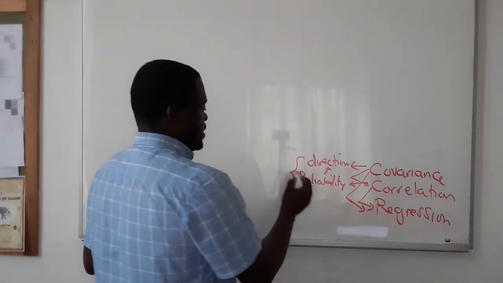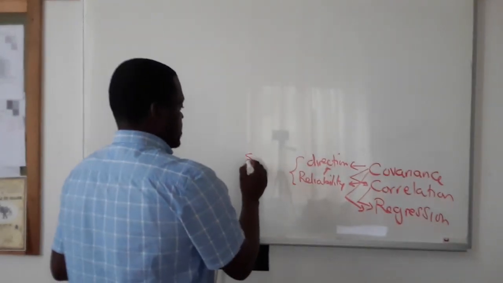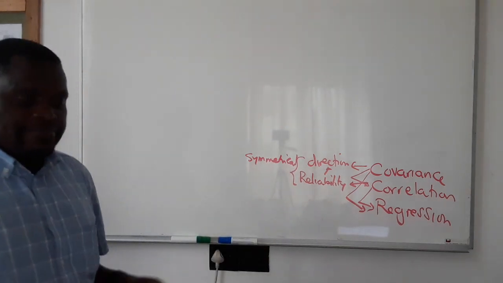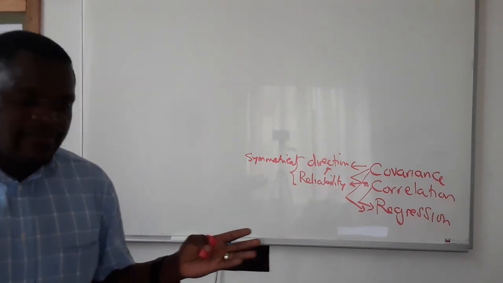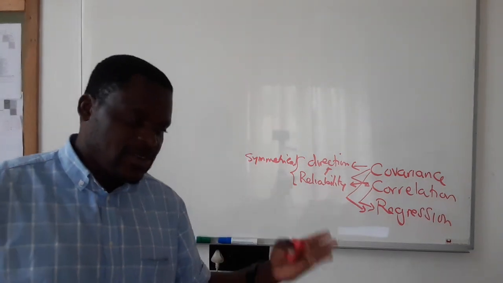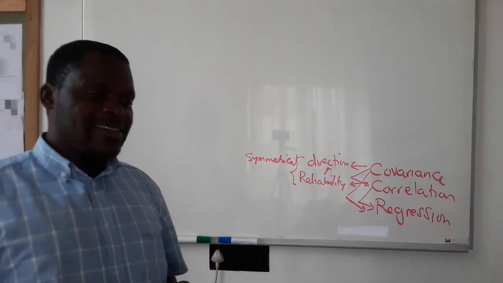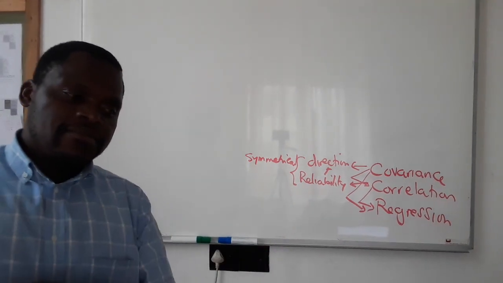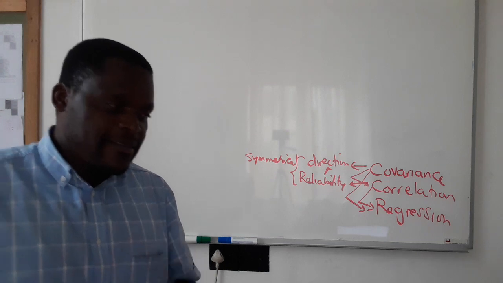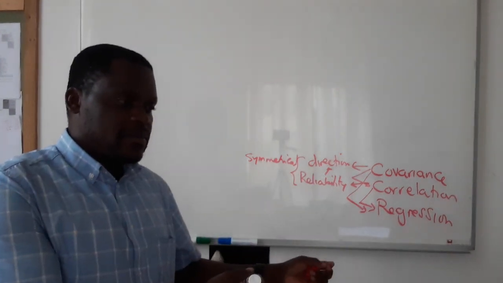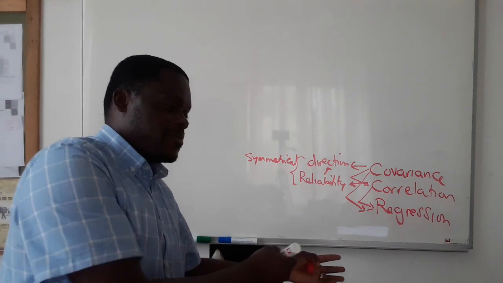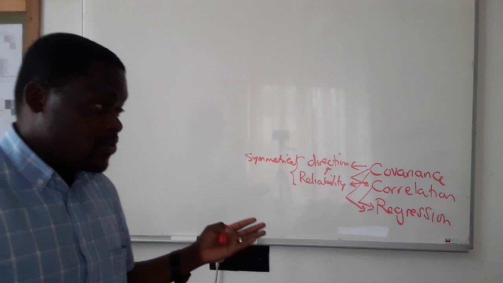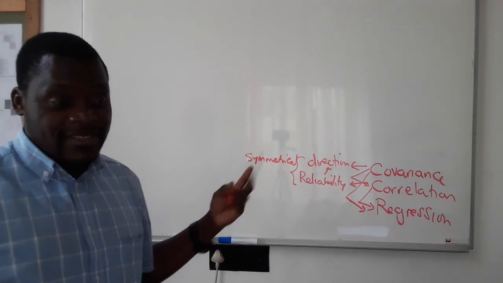Now, these two concepts are symmetrical, which means that we actually don't know whether this variable affects that or that variable affects this. So if we don't know which one is causing which, we say the relationship is symmetrical.